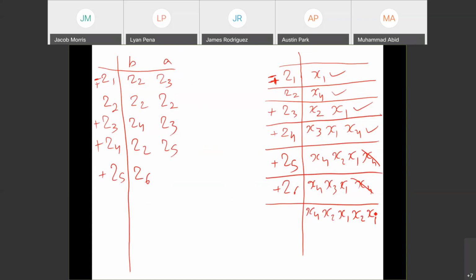We do not write duplicate terms. Z5. So we check this for A and B. Okay.